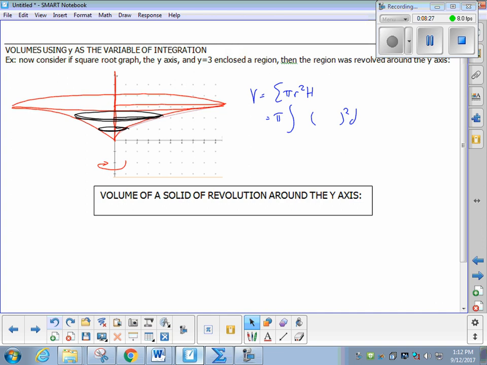Okay, so would you agree that the radius is constantly getting bigger and smaller? So there's actually 2 ways to think of radius. One way is to just say, to get to the radius, I can just go to the curve. So I'm going to use the curve for the radius.